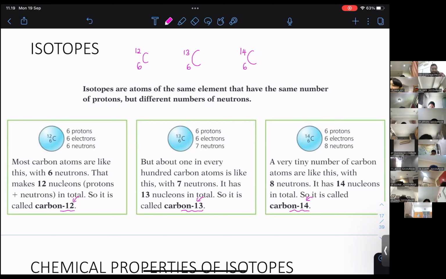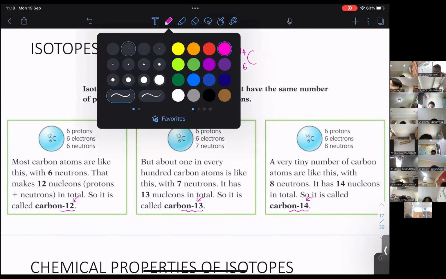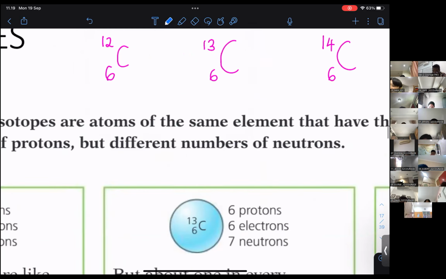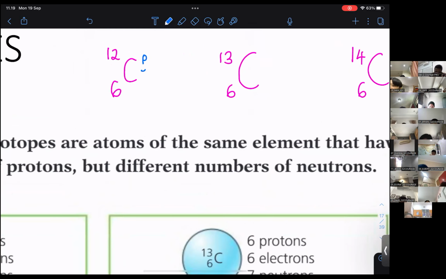Why different numbers of neutrons? Let's look at them one by one. If you have carbon 12, proton is 6, electron is 6, neutron is 12 minus 6, which is 6.